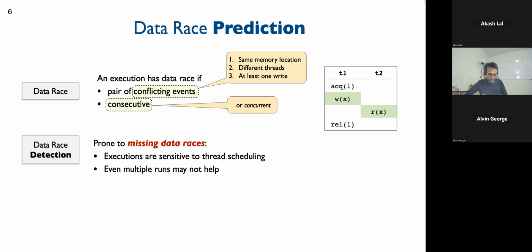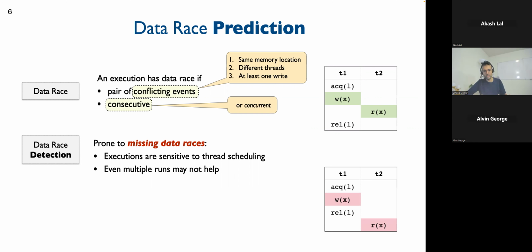Should that consecutive be with respect to the memory location? When you say consecutive, do you mean acquire and release are not in between? By consecutive, I'm saying that they occur next to each other; there's no event in between. But if it is, let's say, write X followed by a write Y followed by a read X, would that write of X and read of X still be racy?